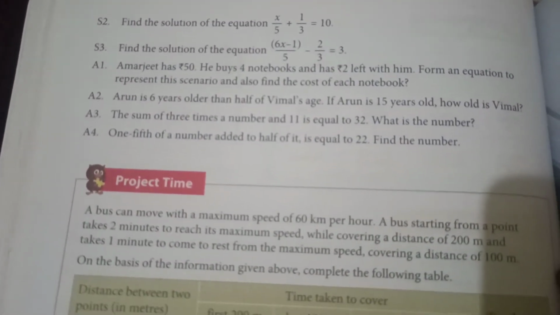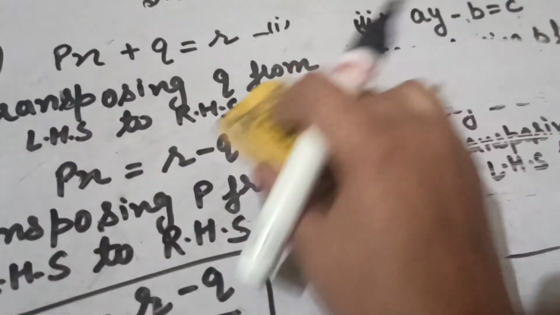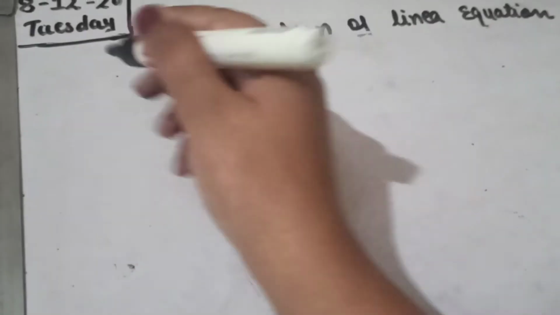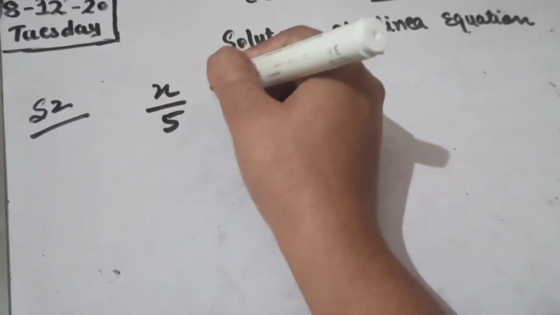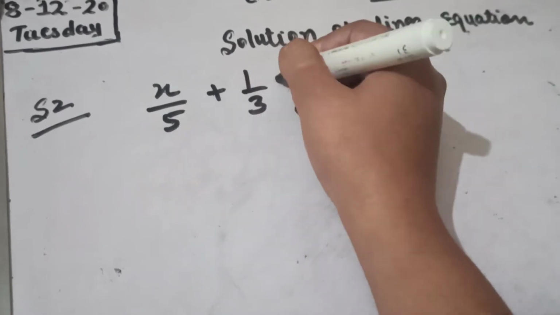Find the solution of the equation x by 5 plus 1 by 3 equals 10.